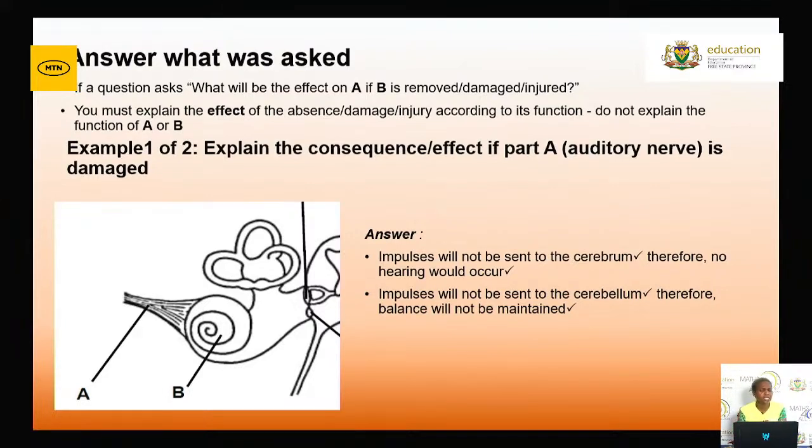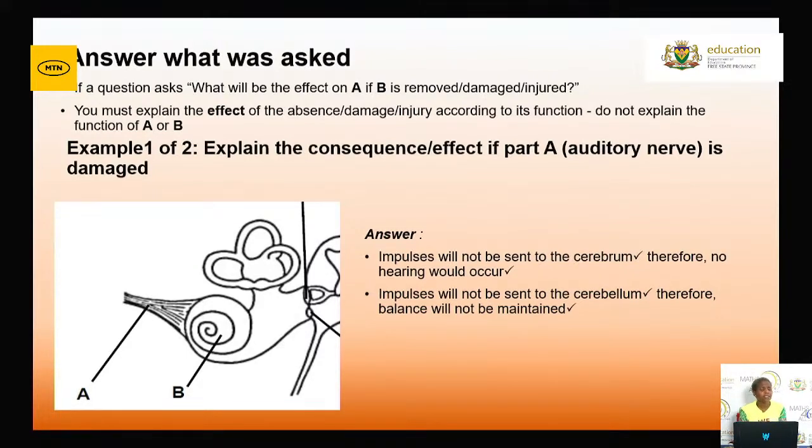But now if it is damaged or injured, what will happen? It means that the auditory nerve will not be able to transmit the impulse to the cerebrum. And then you explain what will be the effect if the impulse is not transmitted to the cerebrum. Therefore, there will be no hearing.